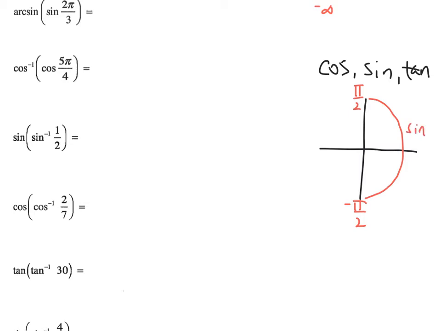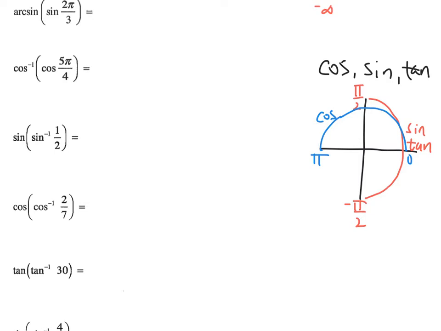So this is for sine and for tangent. So it has to come from quadrant 1 or quadrant 4. Lauren, that was kind of your question, because you wanted 2 answers, right? But we said there's only going to be 1 answer. Cosine goes from 0 to pi. So those are the values that we are dealing with.